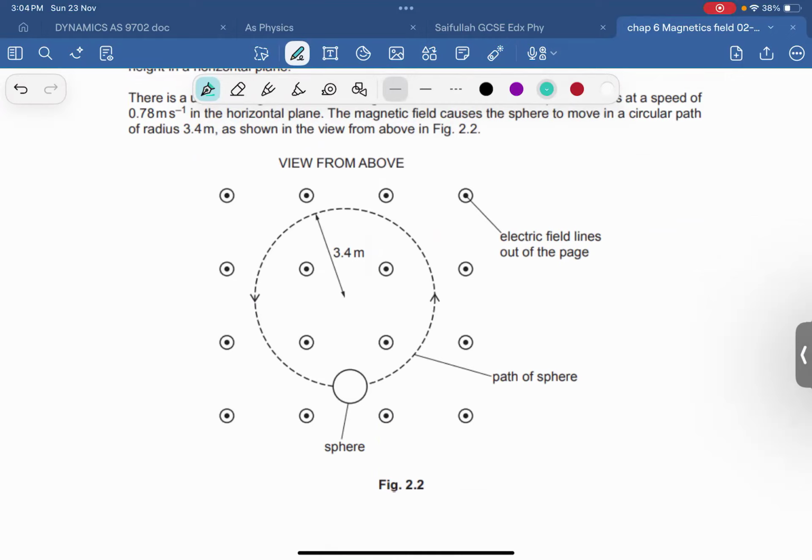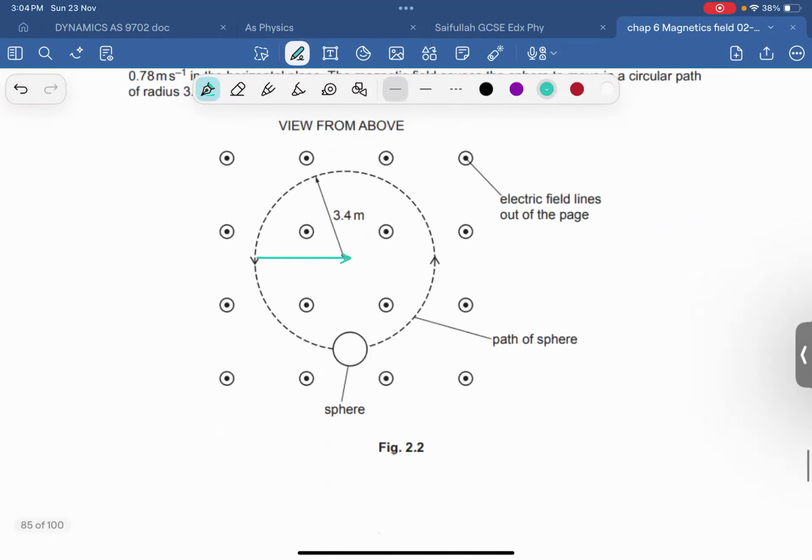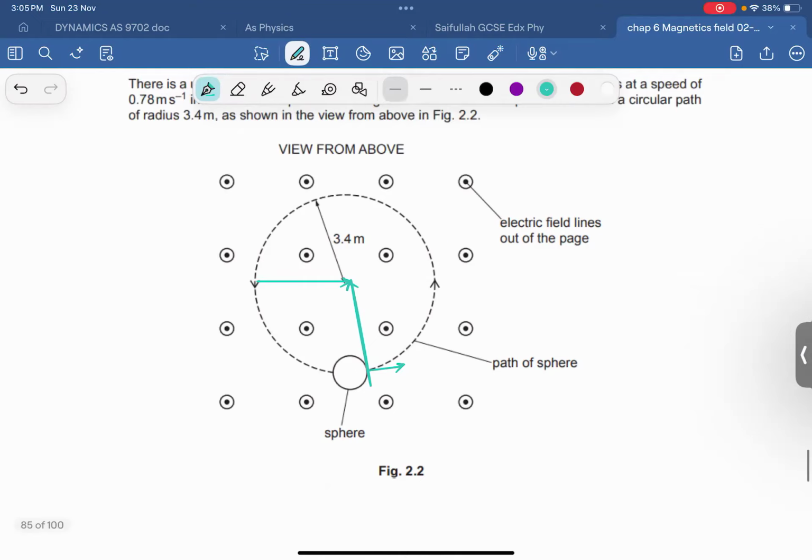The charged particle, the force is right here. And the charged particle is moving that way. With its position, the force is in this direction, right? So we have the positively charged nucleus.